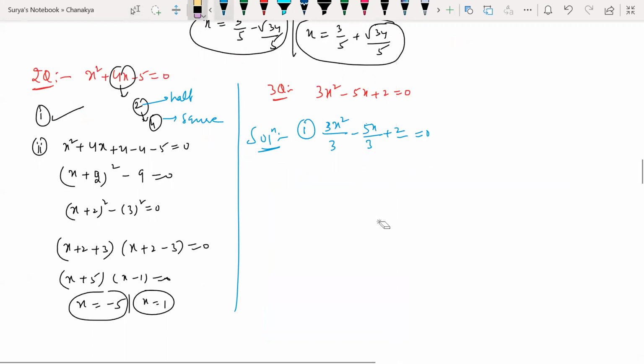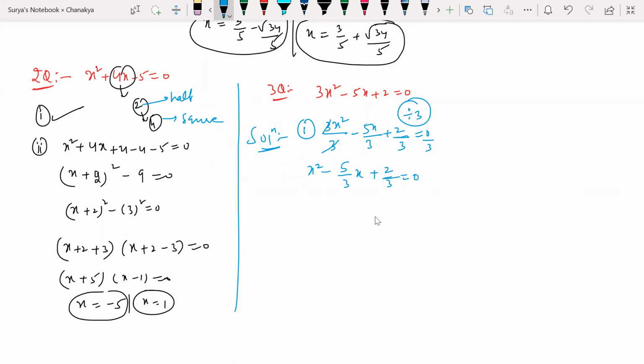I'm dividing it by 3. To make the coefficient of x square 1, I'm dividing by 3 on both sides. Clear now? Yes, sir. 2 by 3 is equal to 0.